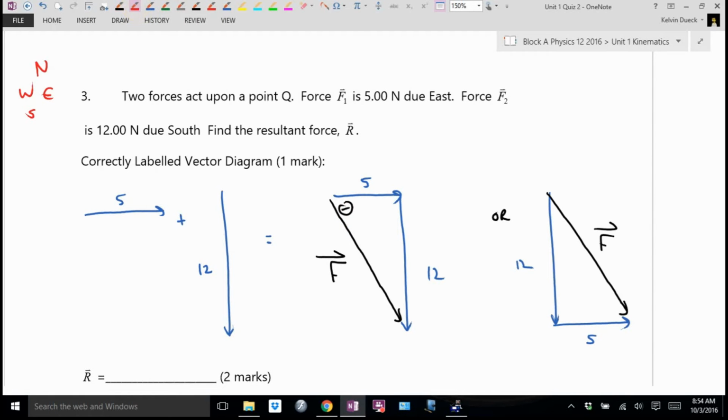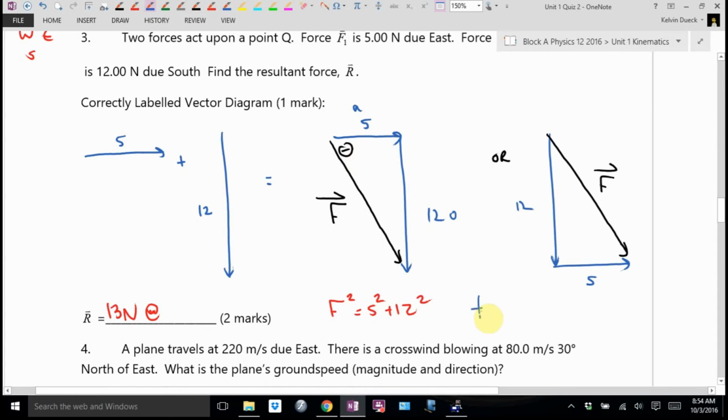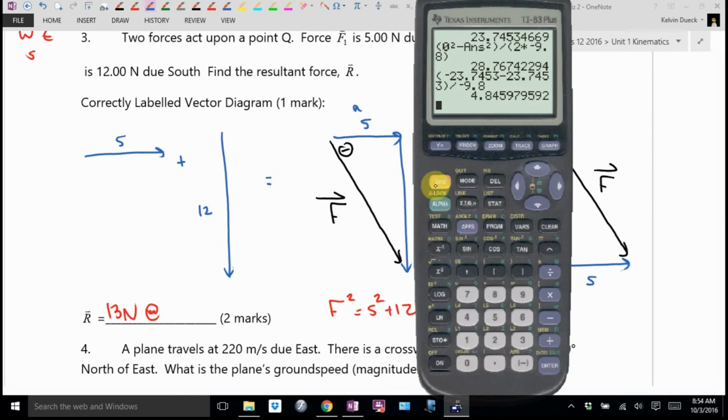So the resultant is going to be 5 squared plus 12 squared, which I think gives you exactly 13 newtons at, and it's going to be opposite, adjacent. Looks like it's going to be tan theta equals 12 over 5.